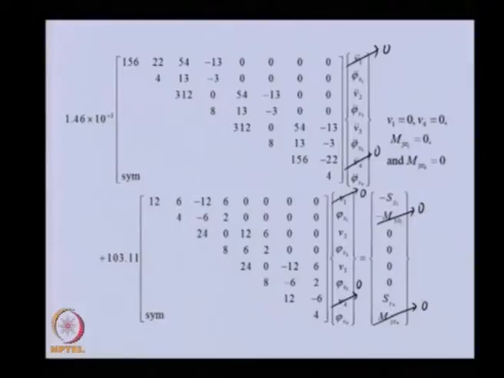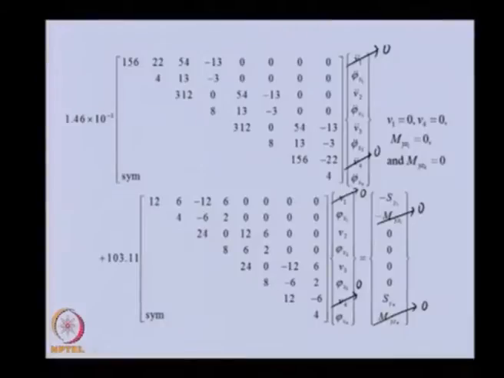Now, we can see that in this right hand side vector, the first term and the 7th term contain the reaction of the support, which is unknown. So among these, we will be eliminating the first and the 7th row equations.